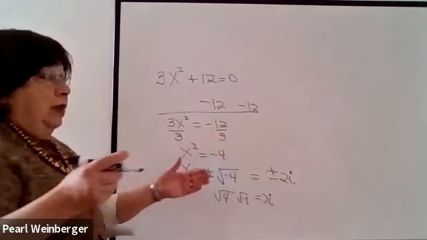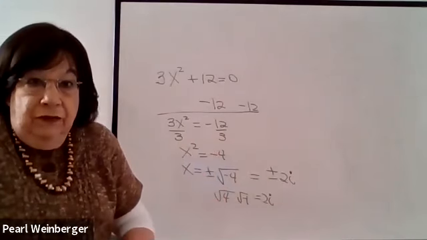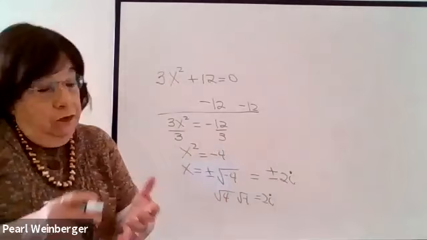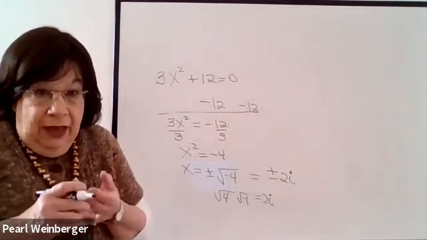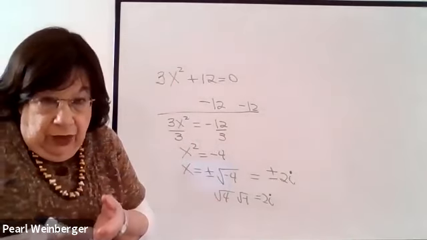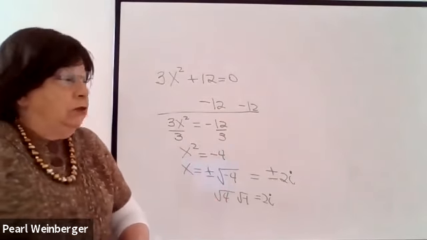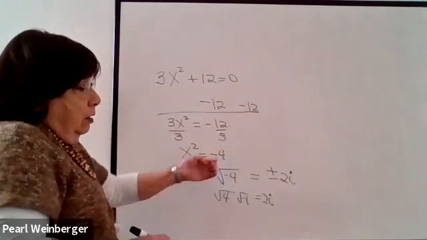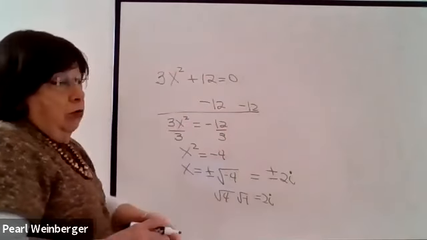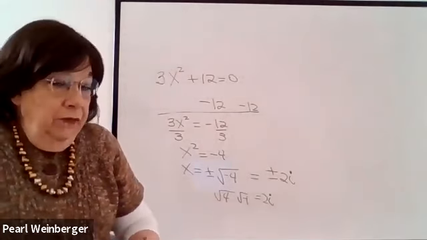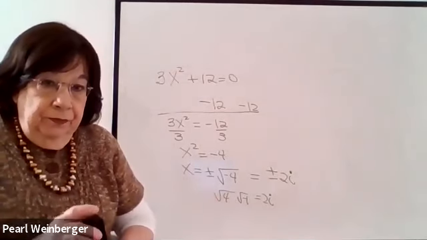Notice we're getting answers. Sometimes they're not even real numbers, but we're able to solve it, first of all, because we now know how to get things in terms of i, number one. And number two, because we have this new method called the square root method. We can even go further on this.